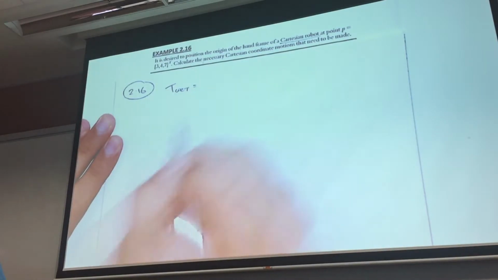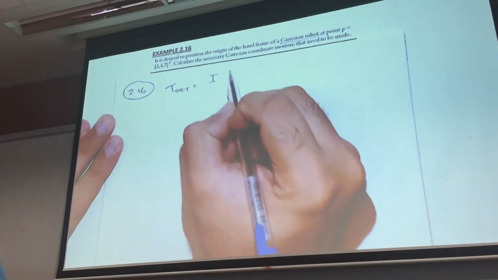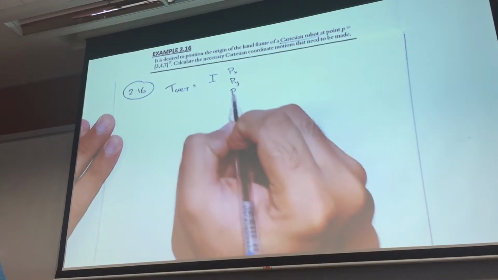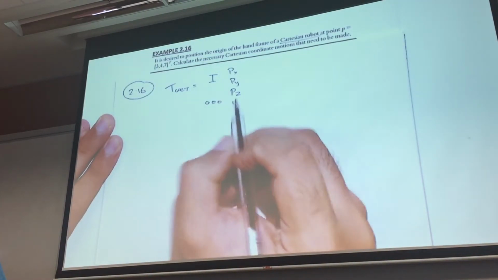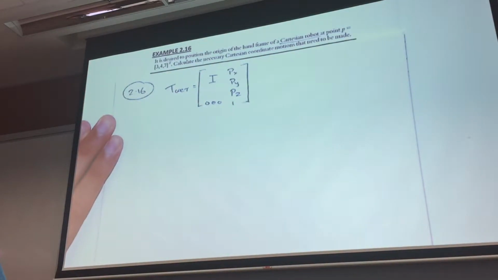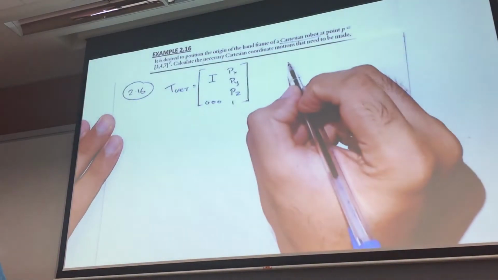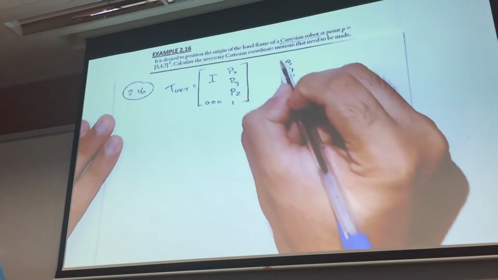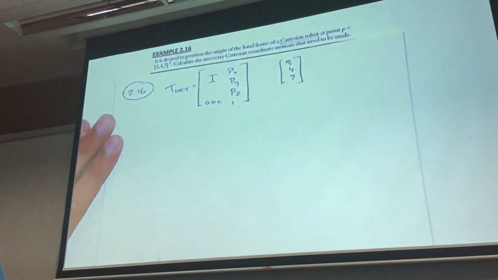first thing you should take note is that my transformation matrix will be I, Px, Py, Pz, 0, 0, 0, 1. And what the question is saying is, I want to go to this point called 3, 4, 7. I just want to go to this point.